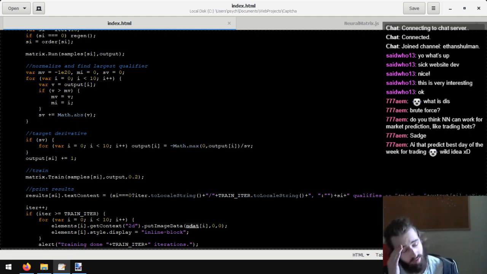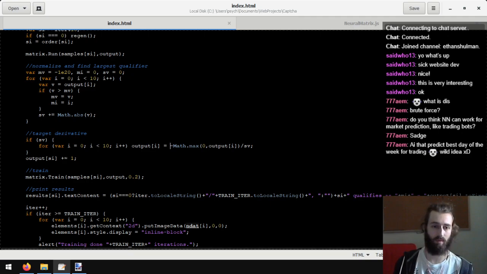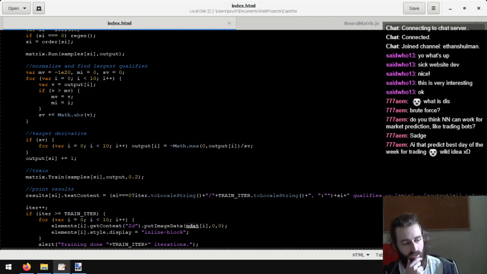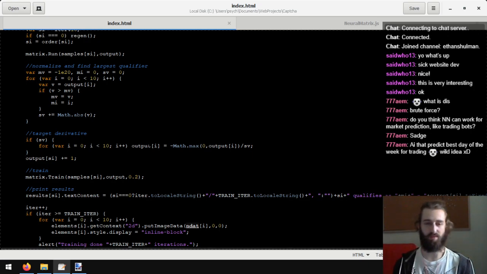Oh wait, we actually don't want to max 0 this if it's this one. So we want to limit all of these except for this one. I'm not sure if that would actually help, but let's try it.